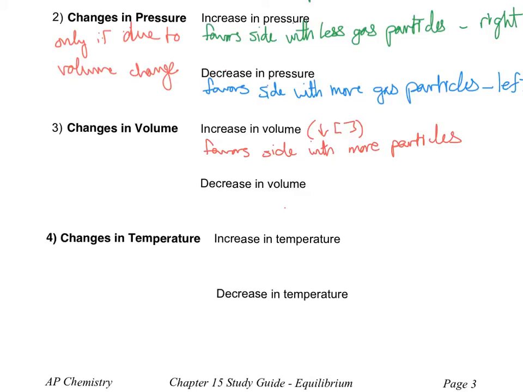If you decrease the volume, you make the volume smaller, then your substances are more concentrated. You increase the concentration. So now your concentration is too high, so to make up for it, it's going to favor the side with less particles.